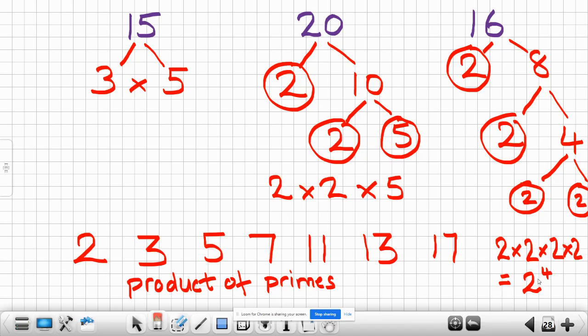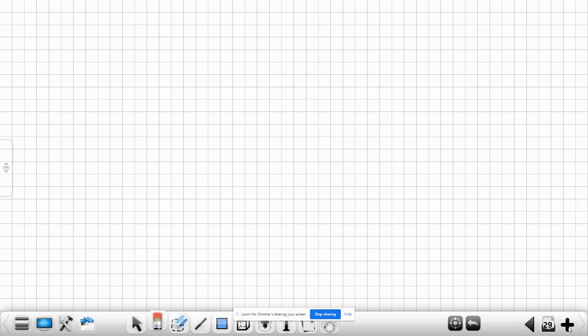So any number can be broken down to a product of its primes. And many people like to do it this way. Let's put circles around those because they were straight away primes. When I'm doing them, rather than do this format, which is known as trees, which can get a bit busy with lots going on, I'm going to change colour now, and I'm going to pick something quite a big number, but you'll see how quickly a number gets broken down.